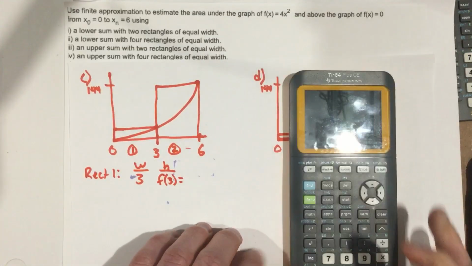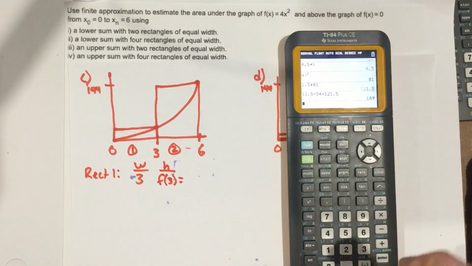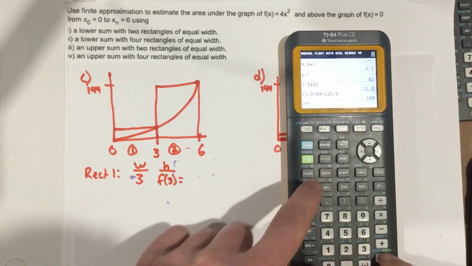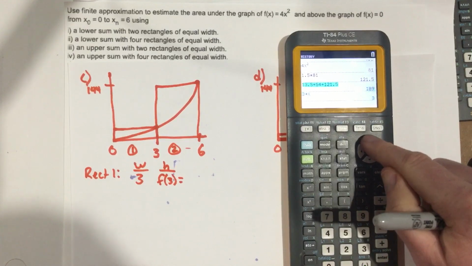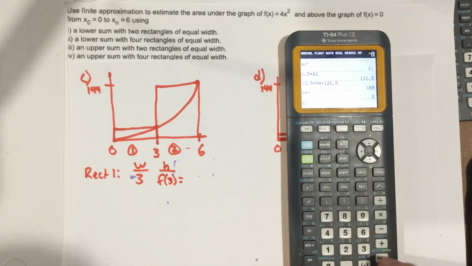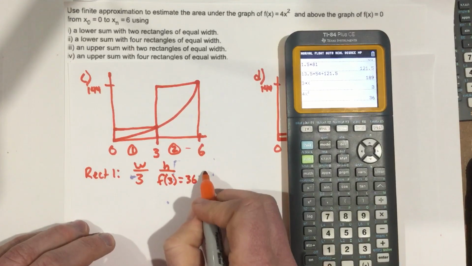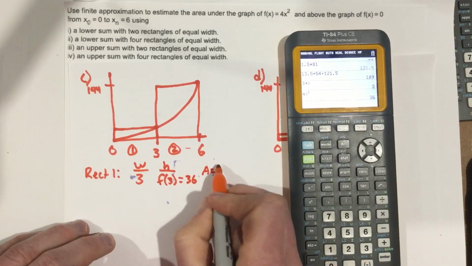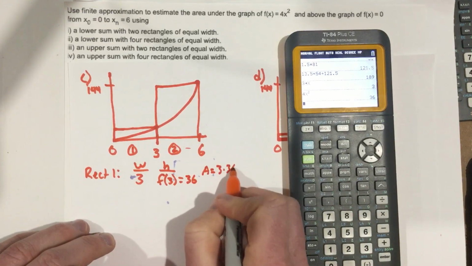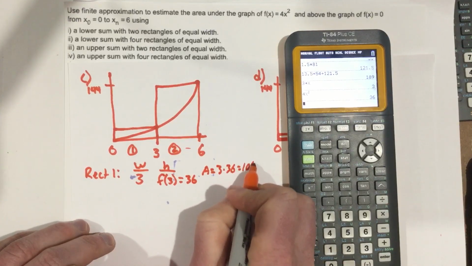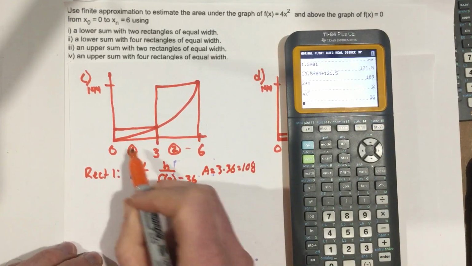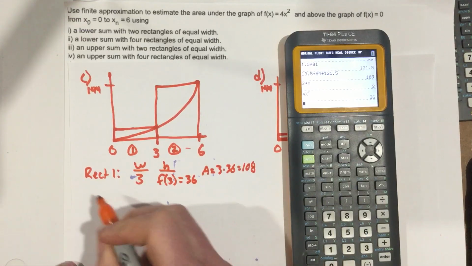So f of 3 means I'm going to take 3, store it as x, go up and grab that function, 36. So my area for this one is 3 times 36, which is 108. So my area for rectangle 1 is 108.